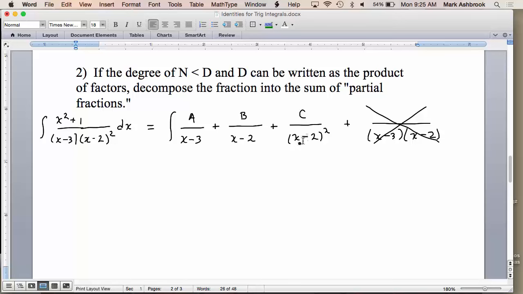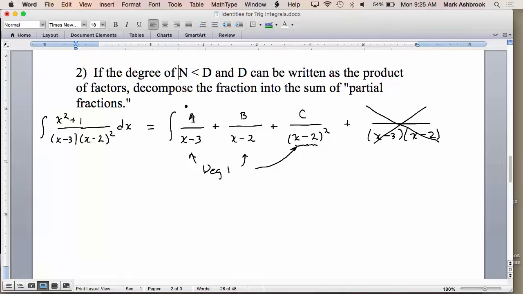Well, you don't look at the fact that this is x squared, but it's really still the factor x minus 2, which is degree 1. So all these are degree 1. So is this. It's a degree 1 factor, but it's just squared. It's still a degree 1 binomial.